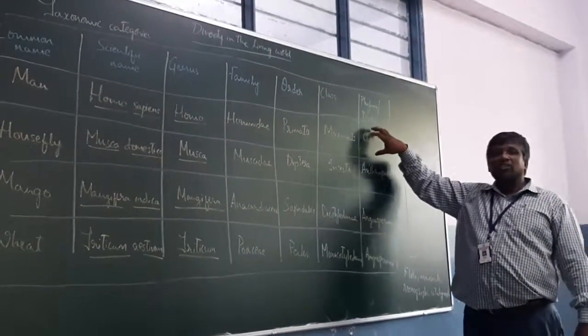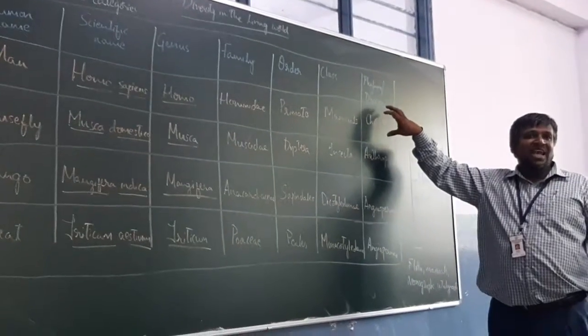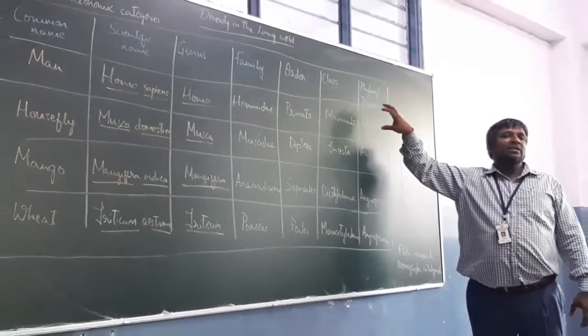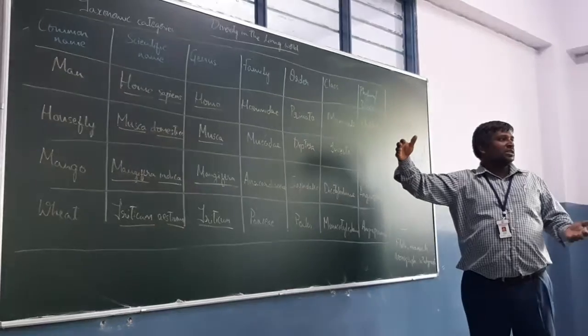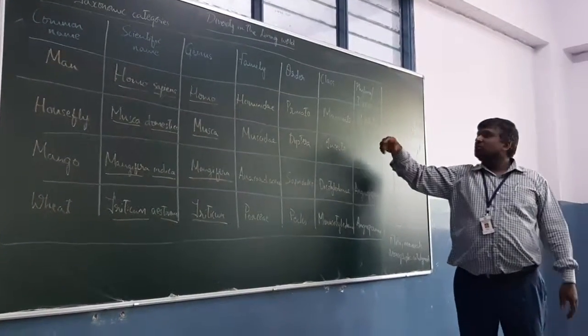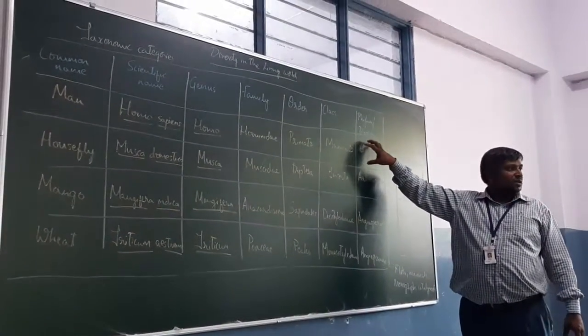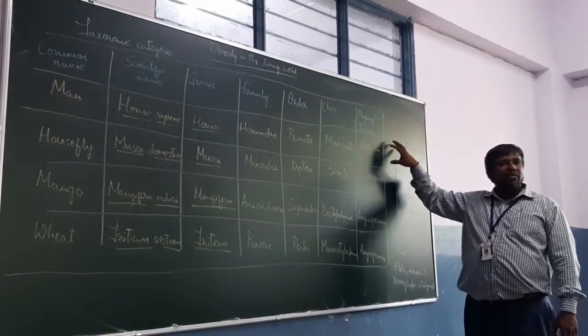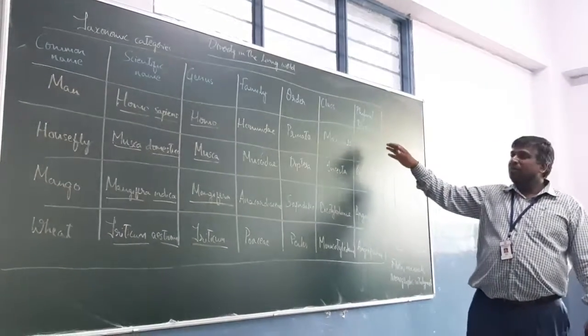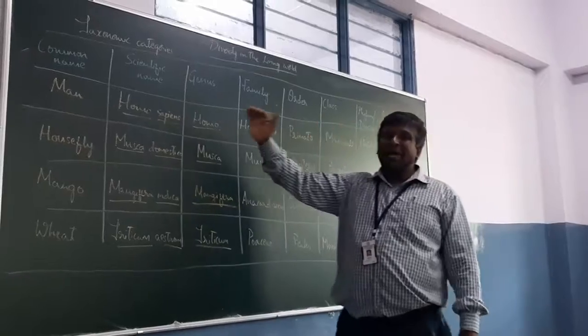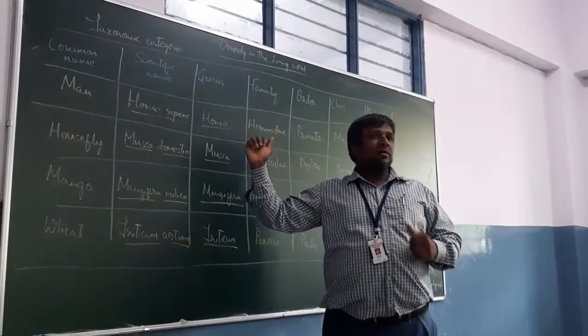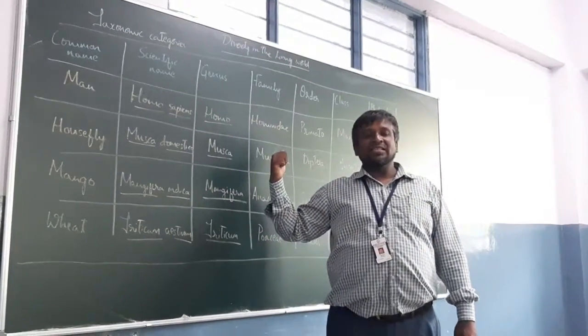Phylum or division is Chordata, since he has a notochord, vertebral column, and dorsal, ventral nerve cord. So we have included man under Chordata. What is the kingdom? Animalia. So remember all these aspects of man and his taxonomic categories.